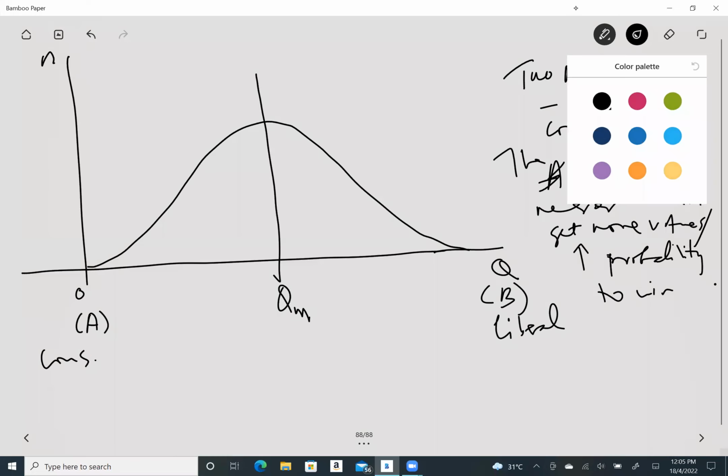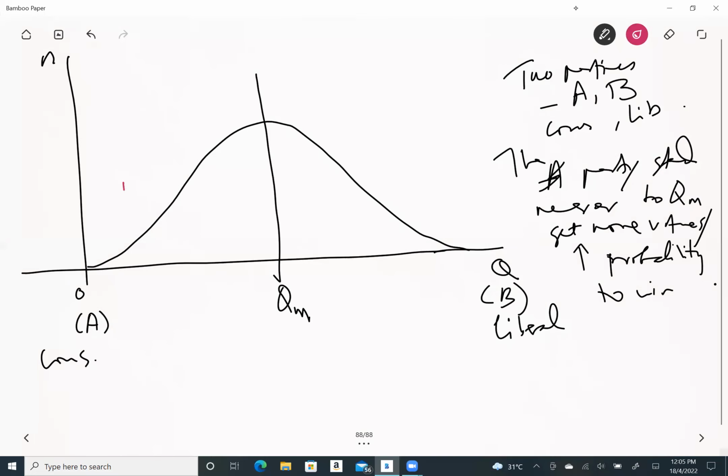Let's say A takes this position Q1, and then B takes this position Q2.